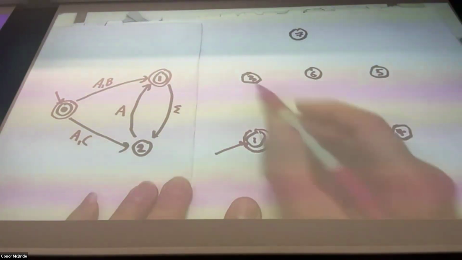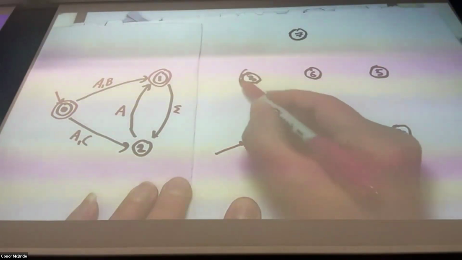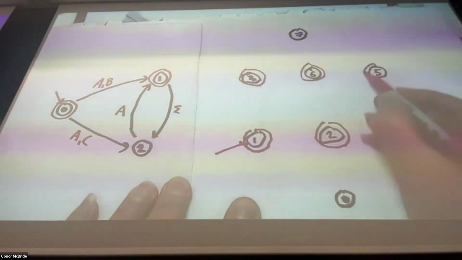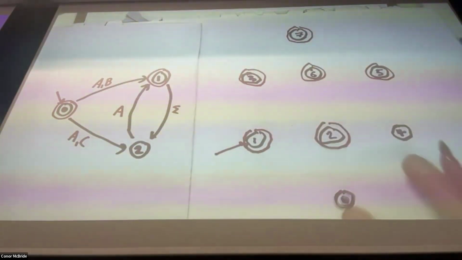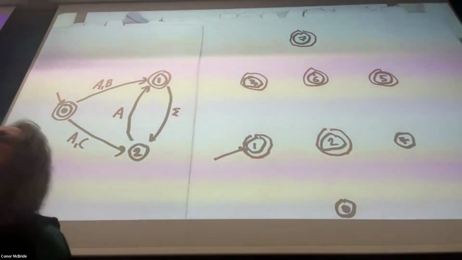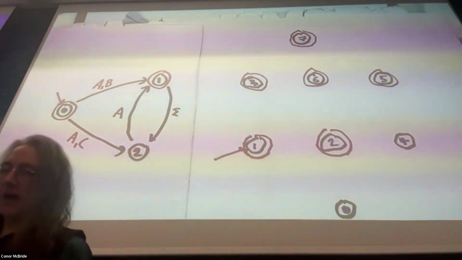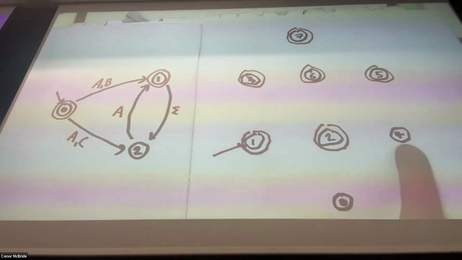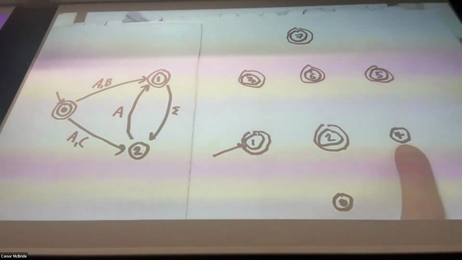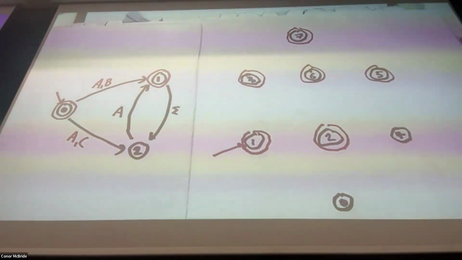Then all the rest are accepting. So these are the only bad states. This corresponds to being nowhere. This corresponds to being only in state 2.